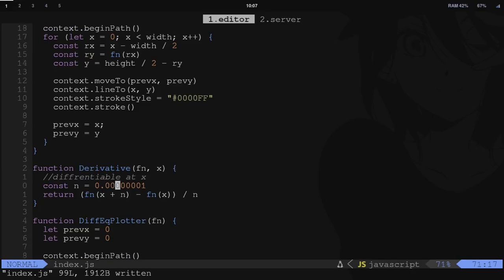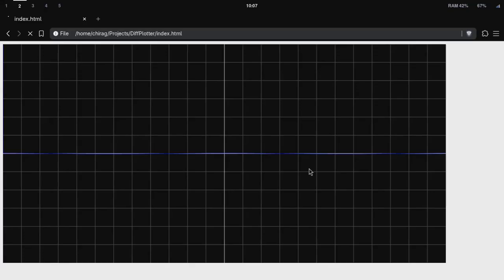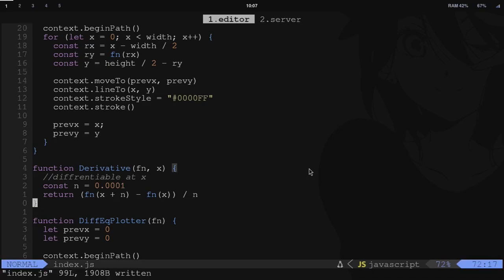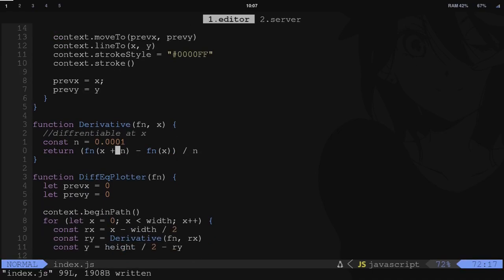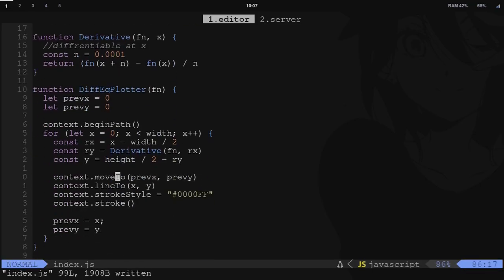So this is the derivative of sine x at x. What I'm doing actually is plotting sine of x plus n, function at this thing minus function at x divided by n. This should work.